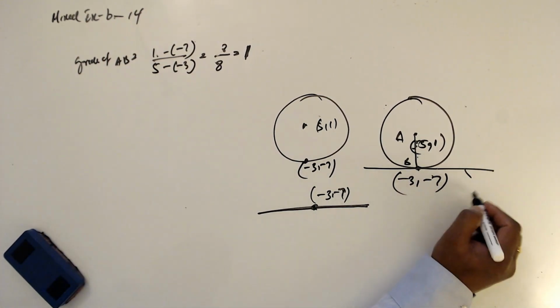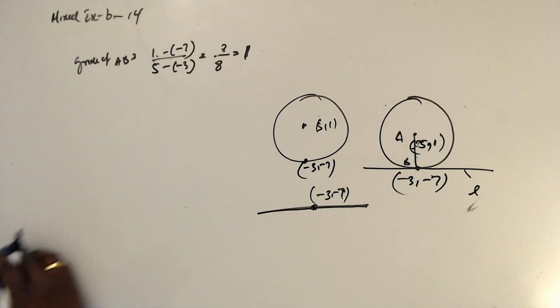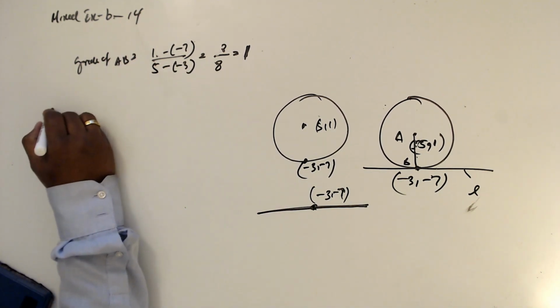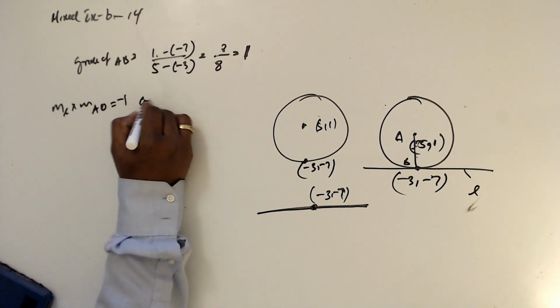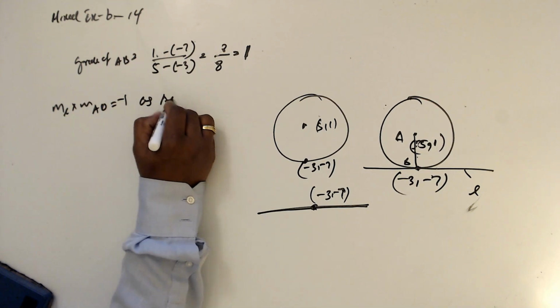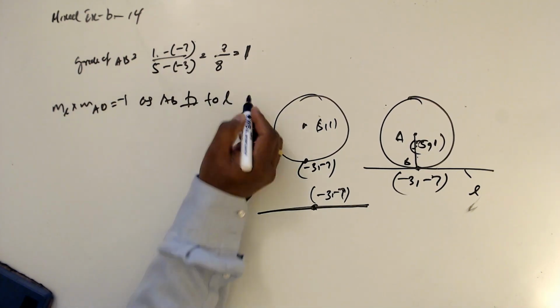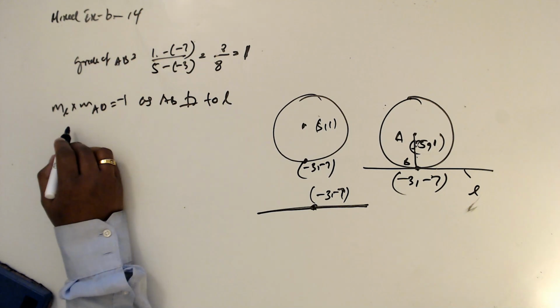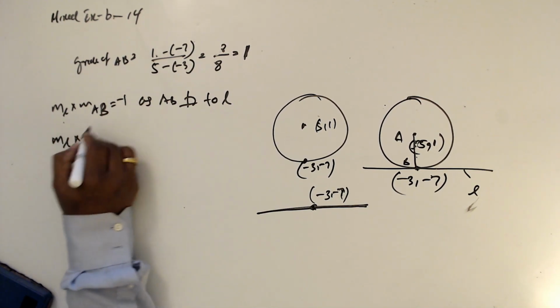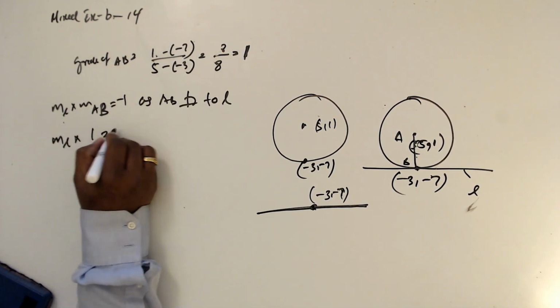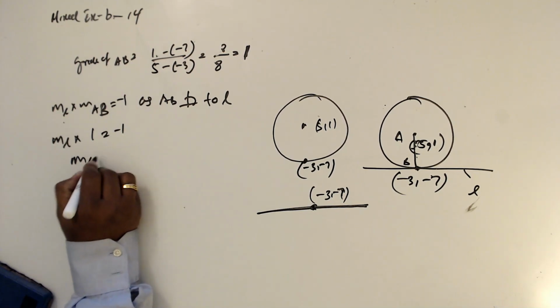Now if I take the L gradient, this is the L line. The gradient of L times the gradient of AB is minus 1, as AB is perpendicular to L. Sorry, ML times MAB is 1 times minus 1. So ML is minus 1.